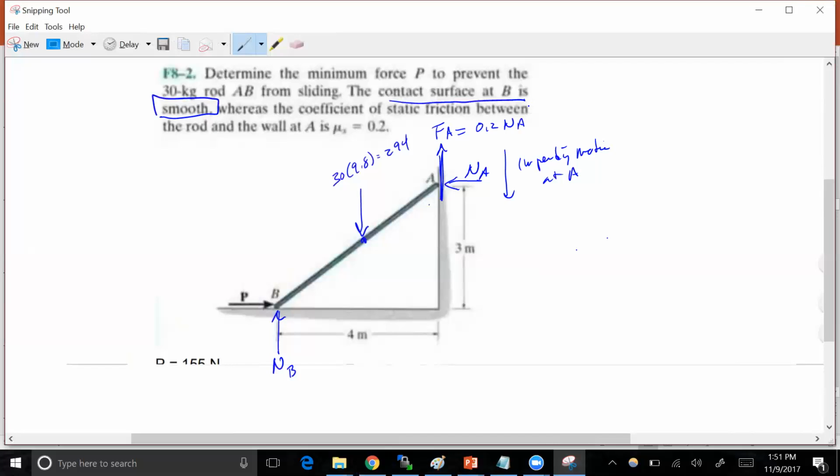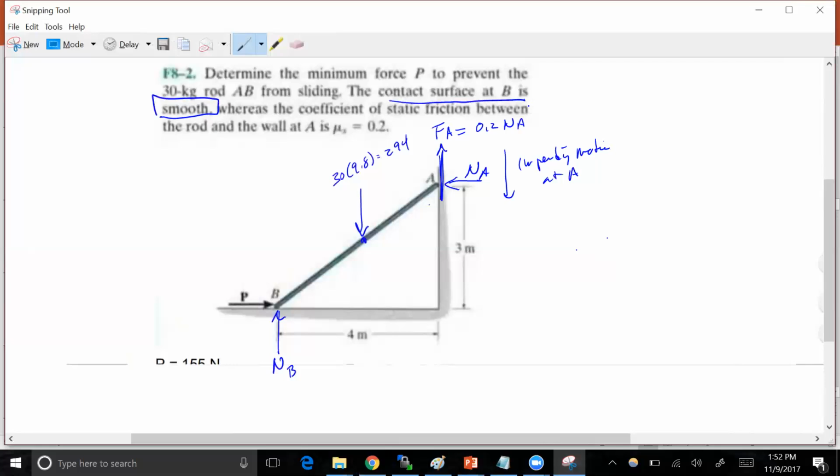If it had said, what's the minimum force P to make the rod slide up the wall, then that's another problem. So you still use the max friction force, right? Yeah, except now the arrow's pointing the other direction.